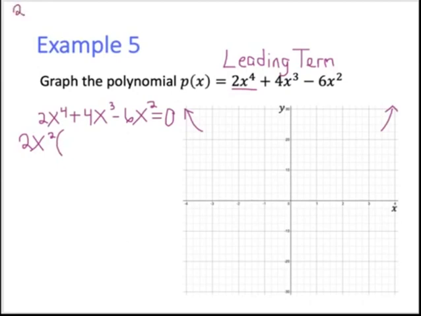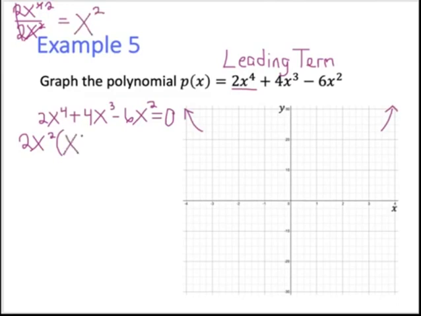If I factor 2x squared from 2x to the fourth, let's see what we're left with. So I'm going to take 2x to the fourth and divide by 2x squared. Well, the 2's are going to cancel, and then the x squared on the bottom will cancel, and we're going to be left with x squared.